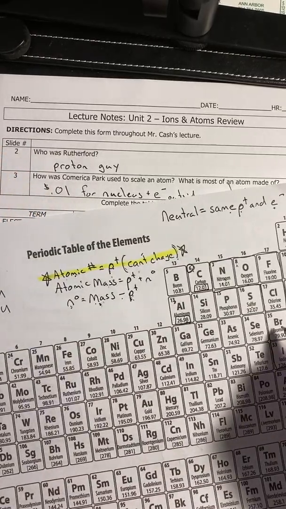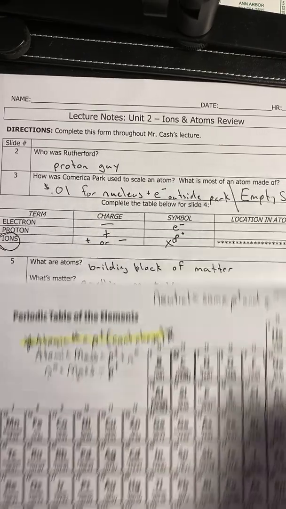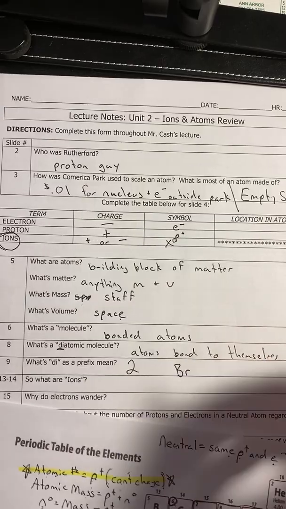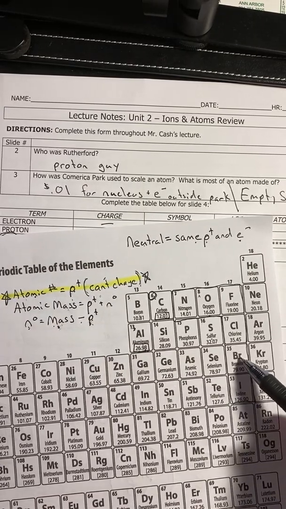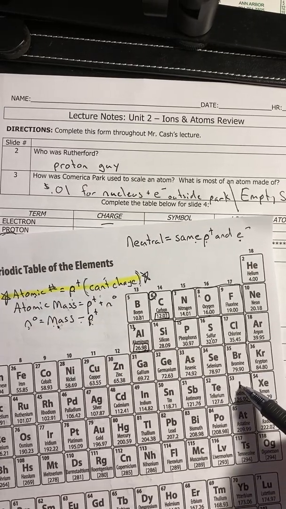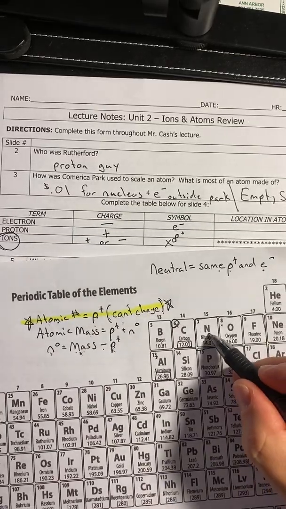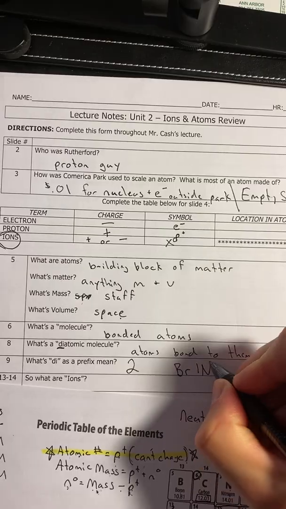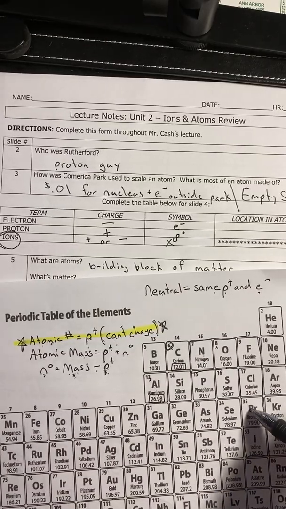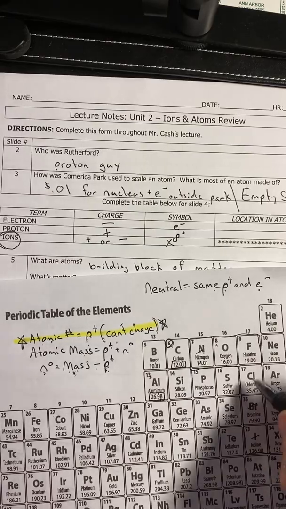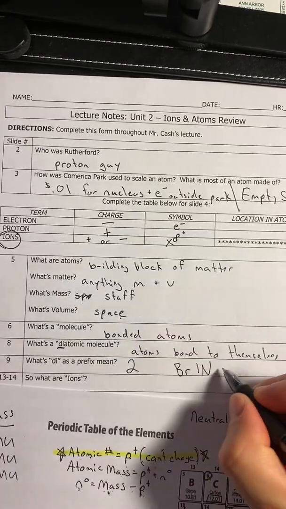Or if you take a look at these guys, you've got Br. Let me just kind of jot this down here. Br. That's bromine. Brink. I. N. Br. I. N. Cl.